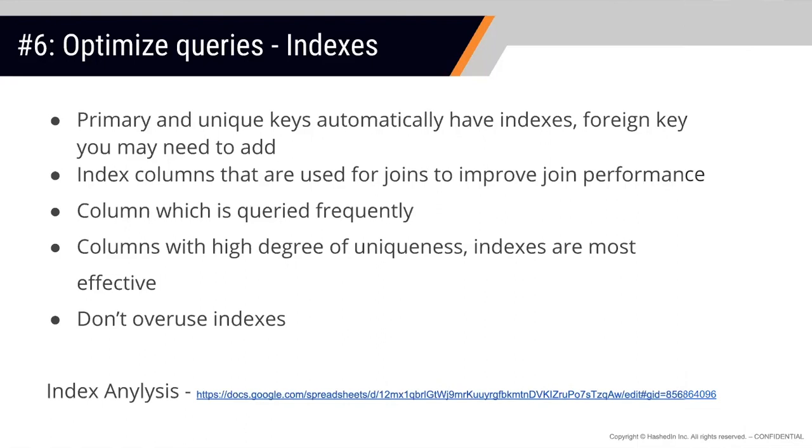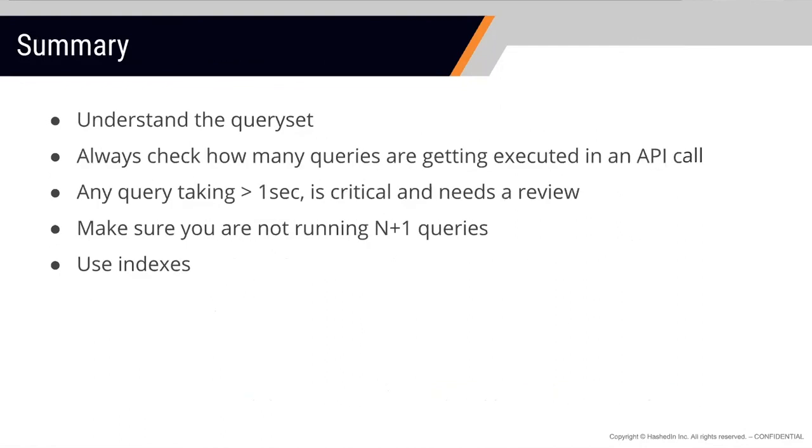So that's about indexes. And a quick final summary: understand your query sets, specifically if you're from the Django world and using Django. It's very important to understand how query sets are executed, when they are evaluated, and how they are cached. It's always good to note how many DB calls you are making in a particular API.